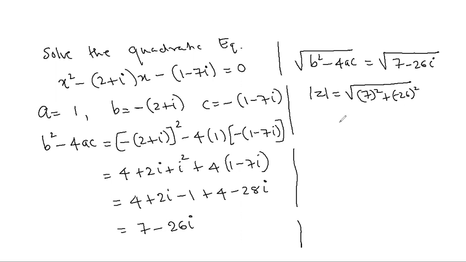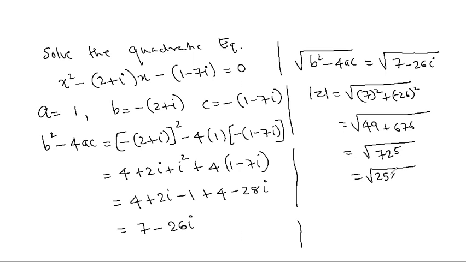Can you calculate and tell me? 49 plus 26 square. 26 square is how much? 676. That becomes 725. Root of 725: 25 into how much? 25 into 29. So 5 root 29.